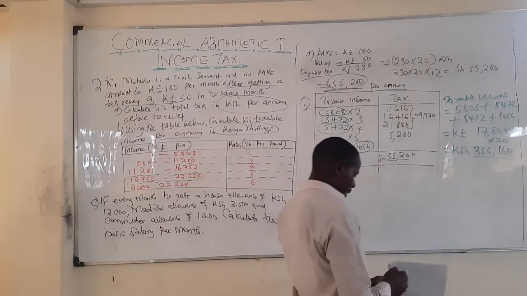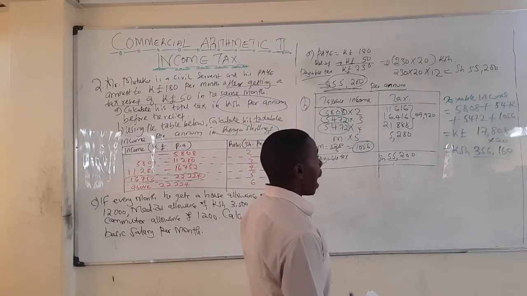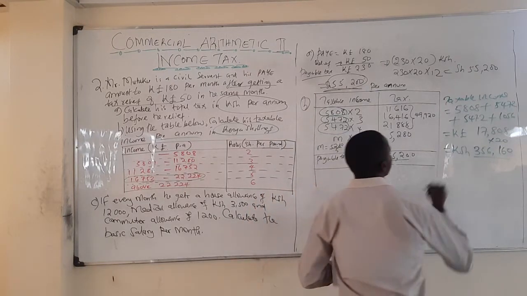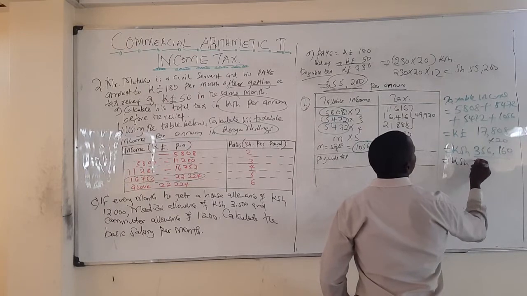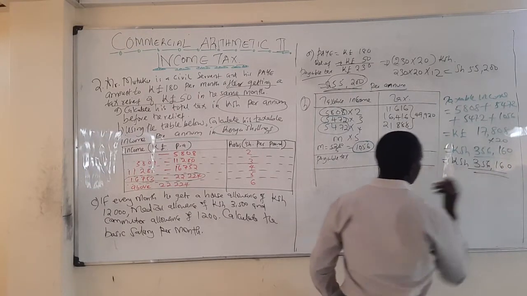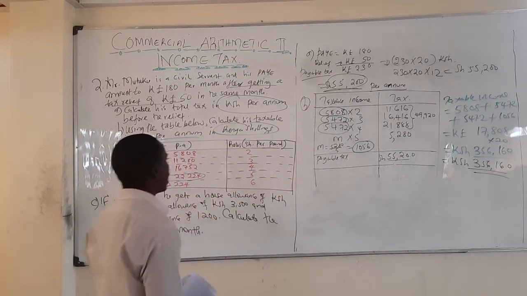So that is the taxable income per annum. That's how you're going to answer question B in that format.